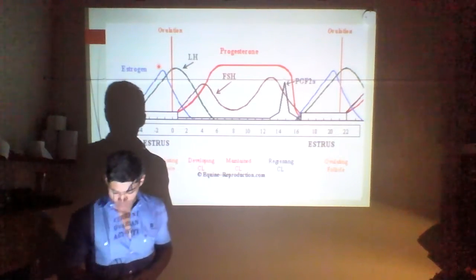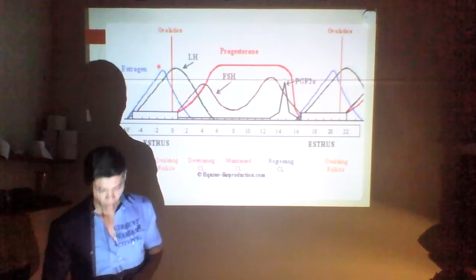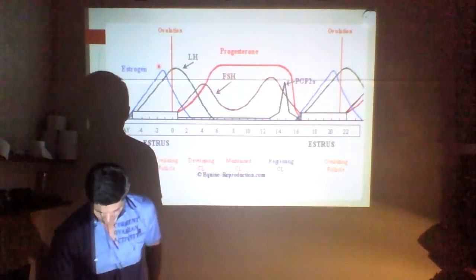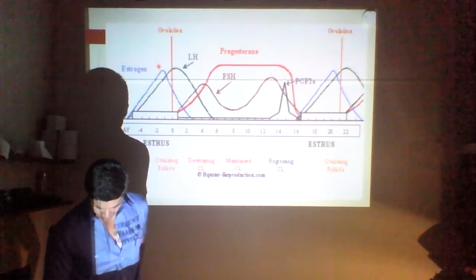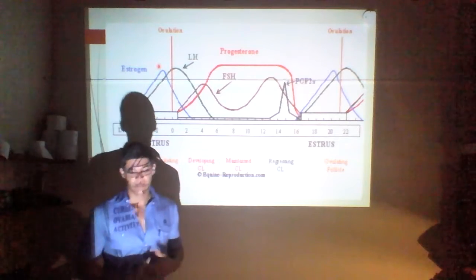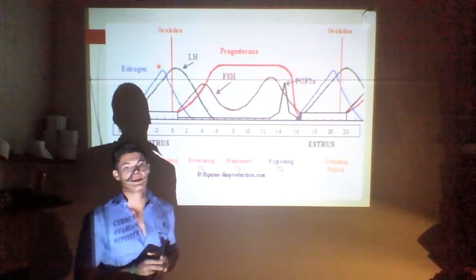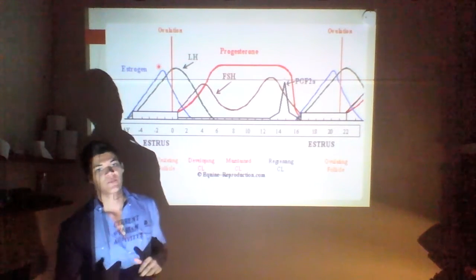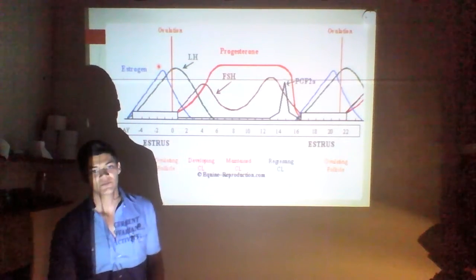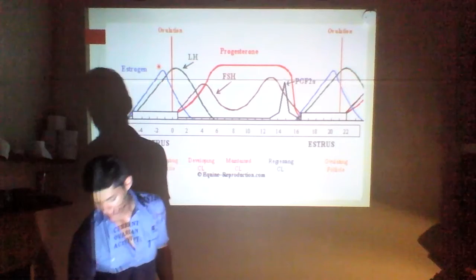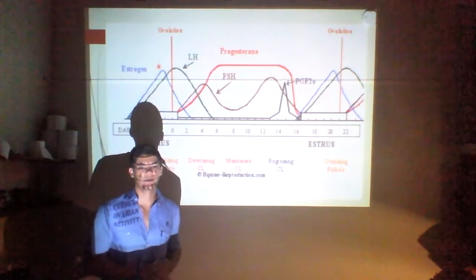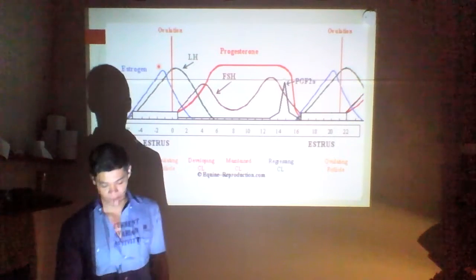This follicle will ovulate just 1 oocyte. It will reach a level of estradiol, like I said, to start the estrus, and as I said, is when the animal is receptive to the bull.